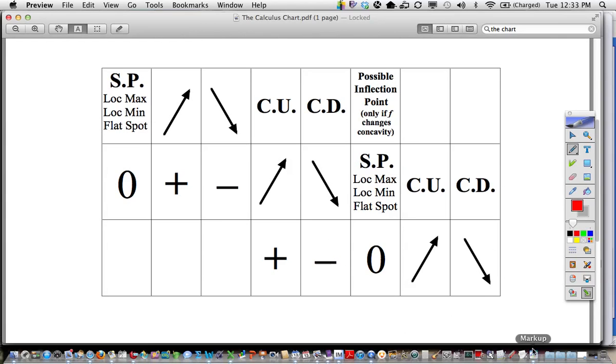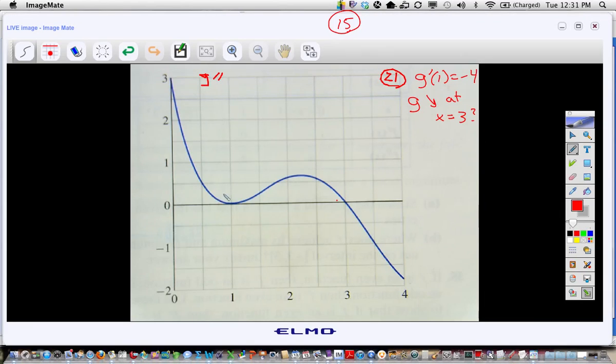So I mostly care that this is positive, then it's 0, then it's positive, then it's 0, then it's negative, right? Now that's when it comes to G. G double prime, remember, tells me mostly what about G? Concavity, right? G double prime mostly tells me concavity about G.